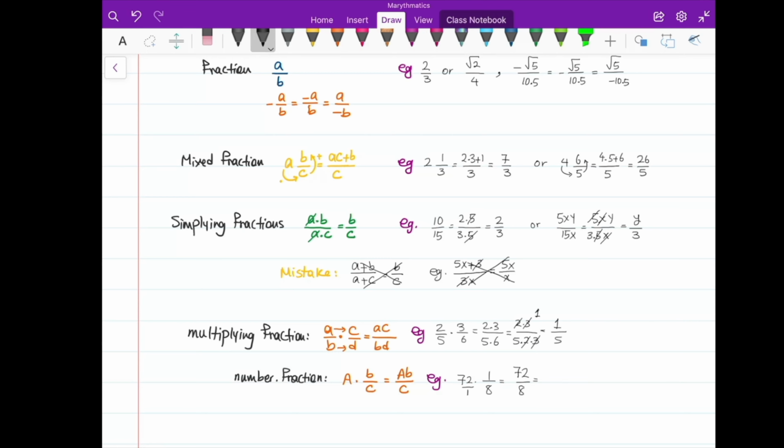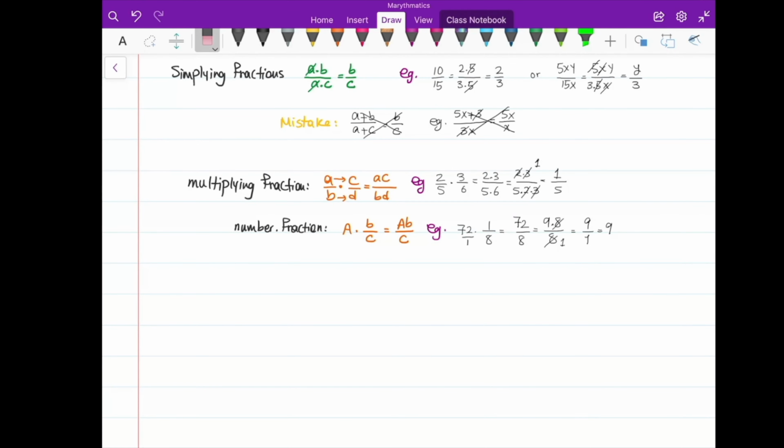Actually, I can simplify it a little further because 72 is 9 times 8 divided by 8. The 8 is going to be cancelled with that 8. Let me remove this cancellation sign in here. And then I get a 1 on the denominator, so it is 9 over 1, and the answer is 9. We're just practicing the simplification.